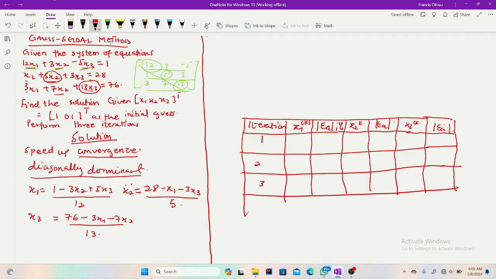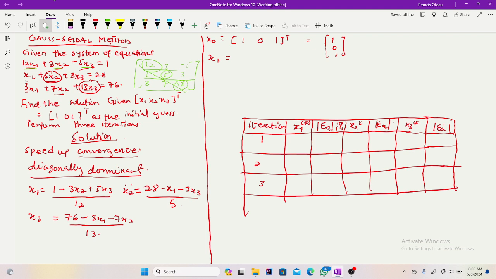So the original value x0 is 1 0 1. Transpose means that we are trying to write it in this way, 1 0 1, as to the normal, because we'll be using it most in this form. Now our x1 value is simply equal to the first equation.